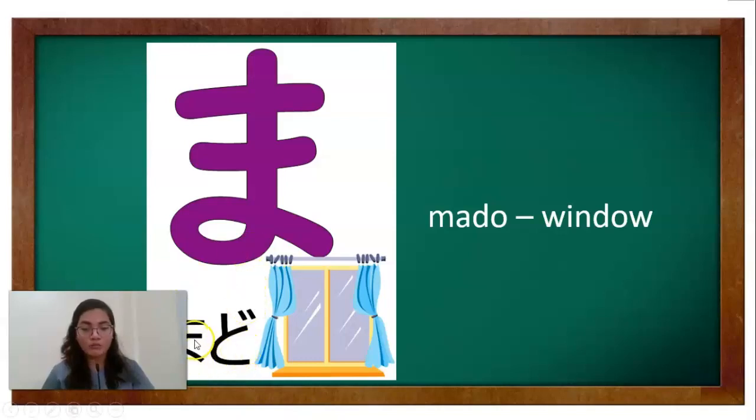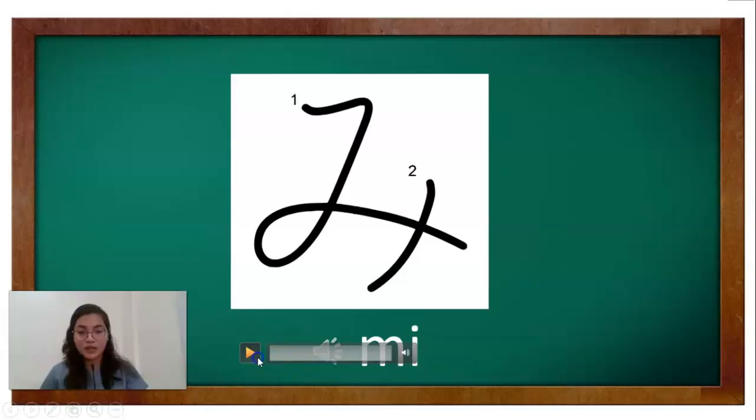Here's a word that starts with ma: Mado. Mado means window. Okay, next one is mi.